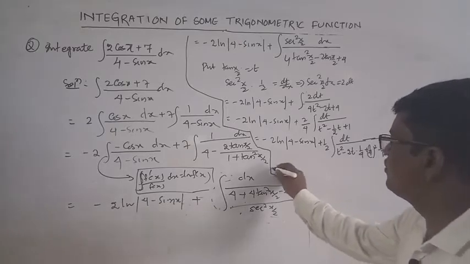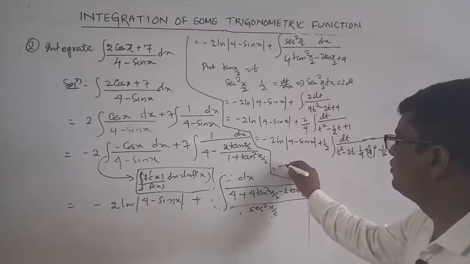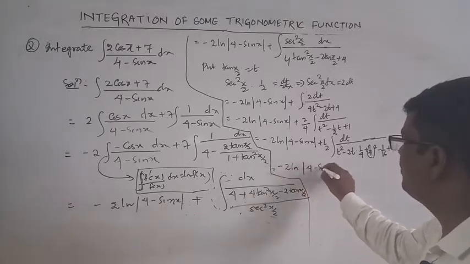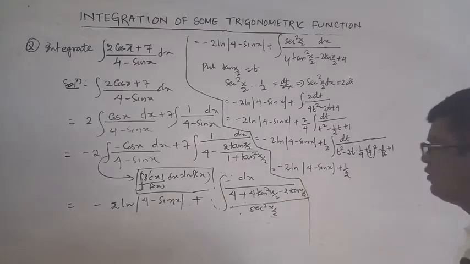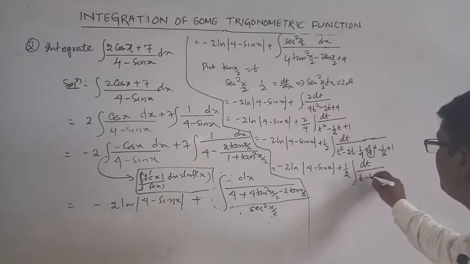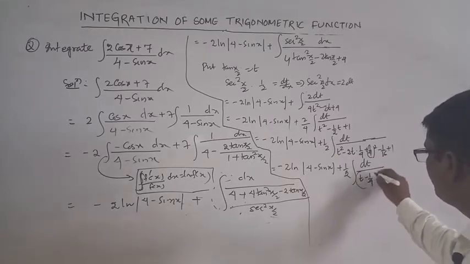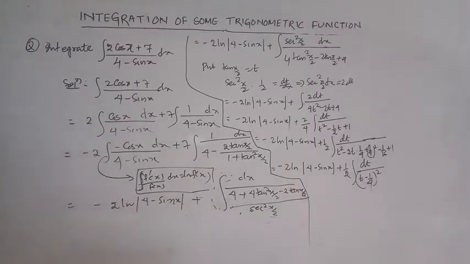So this is equal to minus 2 ln 4 minus sin x plus 1 by 2 into dt by t minus 1 by 4 whole square, and this is 15 by 16, so we can write root 15 by 4 whole square.